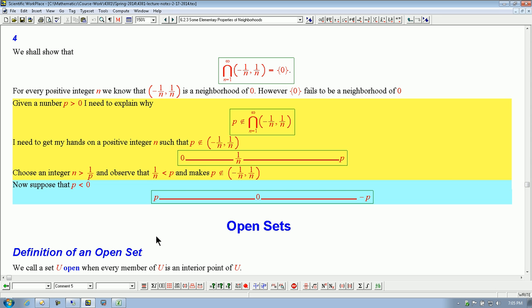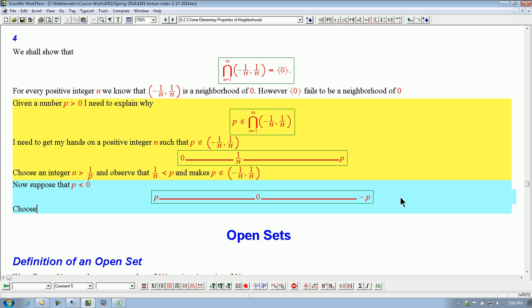Now, how do you think you're going to find a value of n that makes sure that these guys are not in the interval from -1 over n to +1 over n? This is how you will do it. You know, another way to write this minus p is absolute p. Isn't that right? Might feel more comfortable. And I would suggest to you choose an integer n greater than 1 over minus p. Minus p is a positive number. You understand?